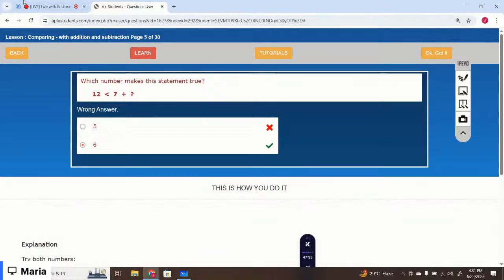Twelve is less than 13. Okay, you can complete the lesson by yourself. Take it again.